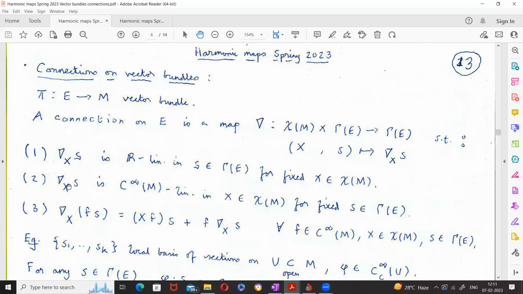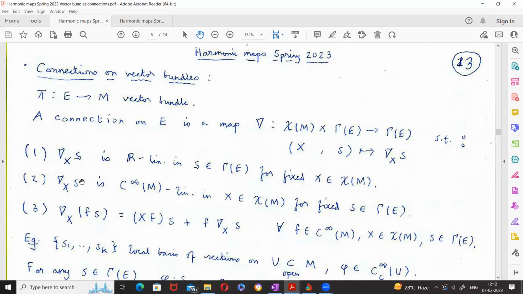Secondly, it should be C infinity M linear in the vector field X for a fixed S. That means it should be linear not just with respect to constants, but with respect to functions on M. A vector field X on M, I can always multiply by a function F on M, so nabla of FX applied to S is F times nabla X of S.